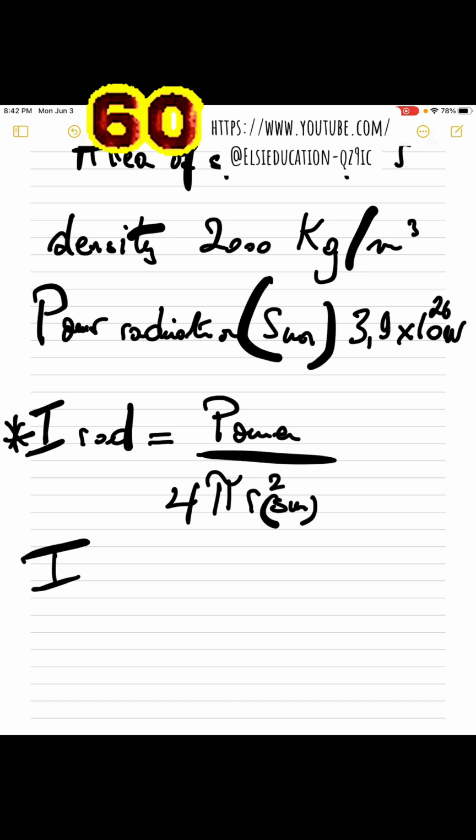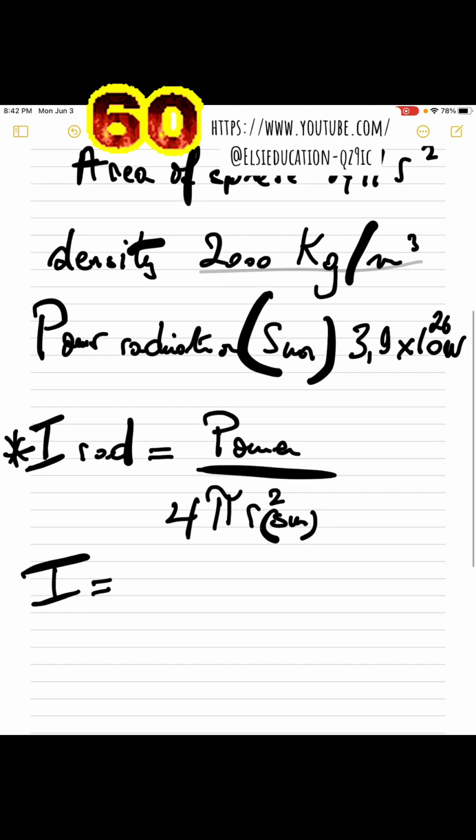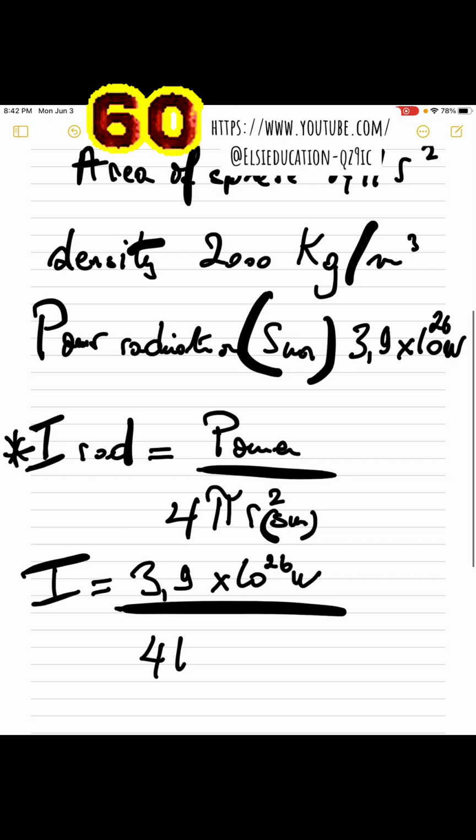So the intensity will be equal to 3.9 multiplied by 10^26 watts divided by 4 pi.